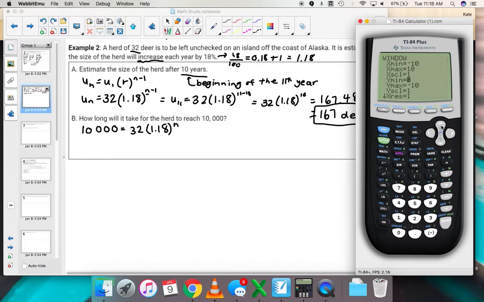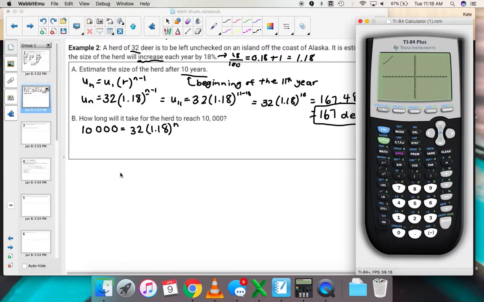So what your window will probably look like is this. And as you can see, we can only see a little corner of the graph. We can't see any intersection point between the two lines. So we need to readjust our window.